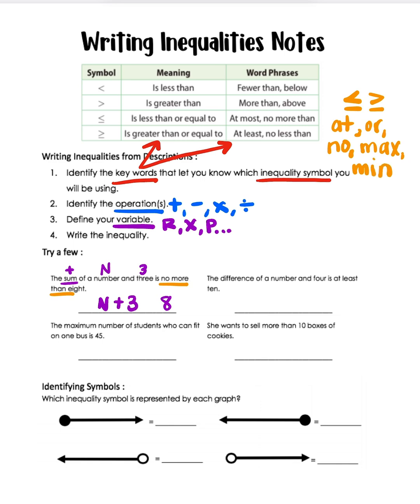I'm not saying that's a full list, but if you see those words, at or no, max or min, those are definitely going to tell you that you need the equality line underneath your symbols. So in this case, I had a no, so immediately I know my symbol is going to have that equality line with it.